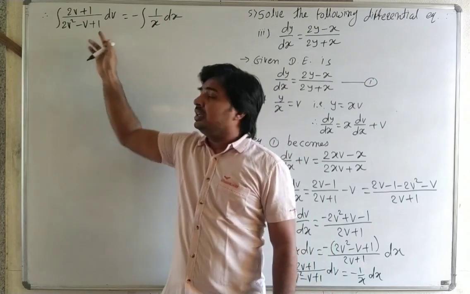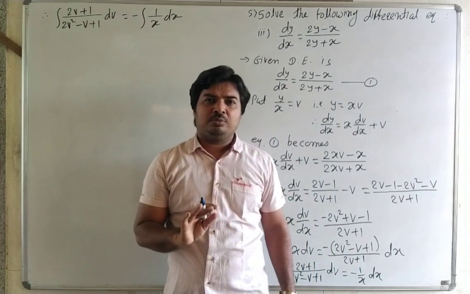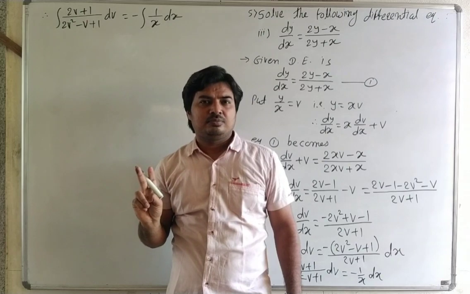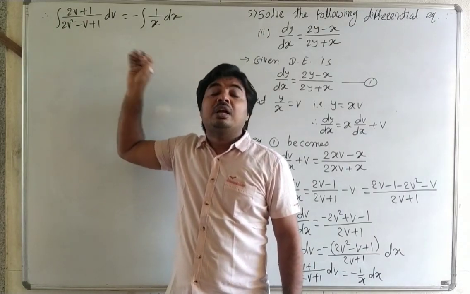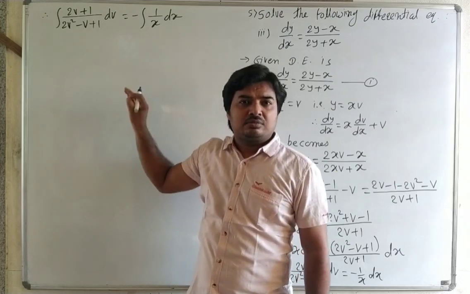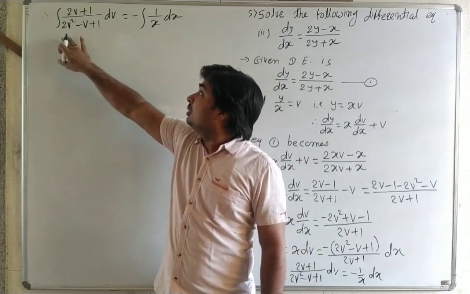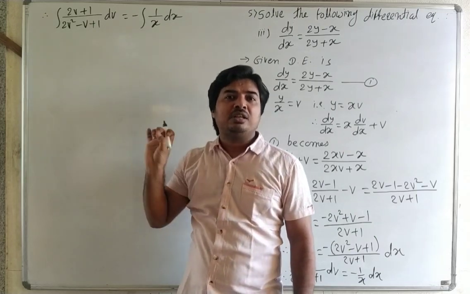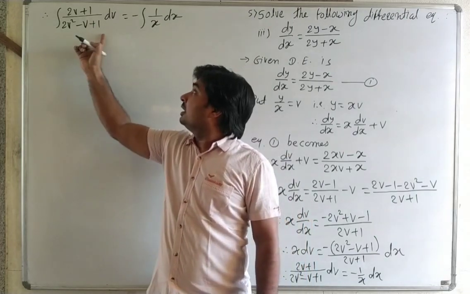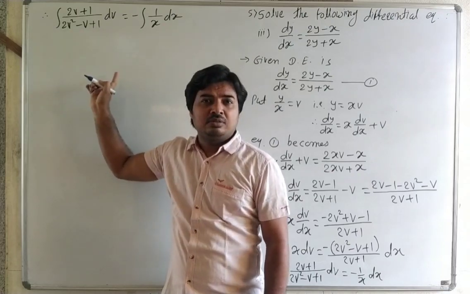And to find the integral of a linear function upon a quadratic function, there are two methods. When the denominator, a quadratic function, can be easily factorized into the product of two linear factors, then we use the partial fraction method. But here the denominator cannot be easily factorized.